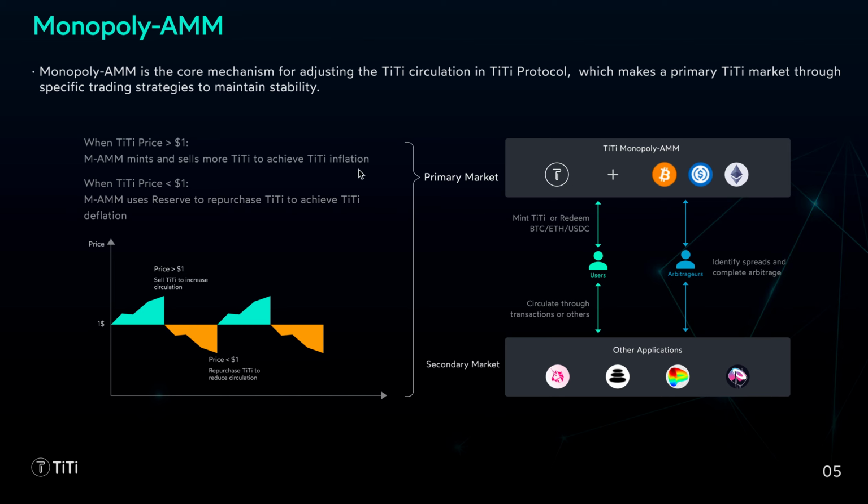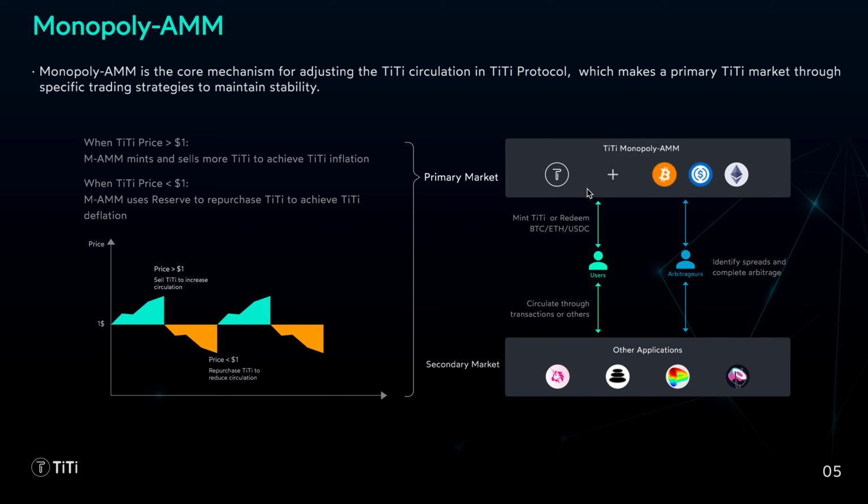If there are some price changes, M-AMM will readjust dynamically to realize stability. On this footing, we designed and developed a decentralized on-chain monopoly market maker component to achieve a TiTi primary market. This market maker always sells and buys back TiTi at a price of $1.